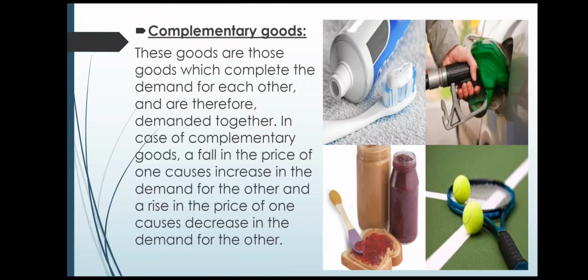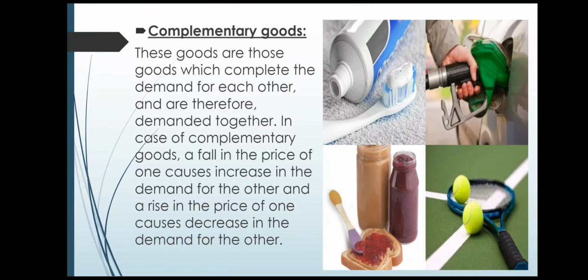In case of complementary goods, a fall in the price of one causes increase in the demand of the other, and rise in the price of one causes decrease in the demand of the other.